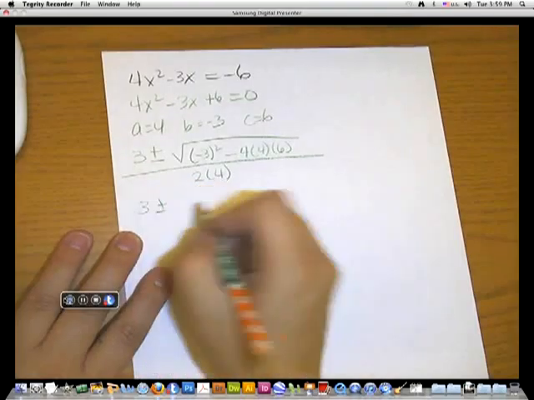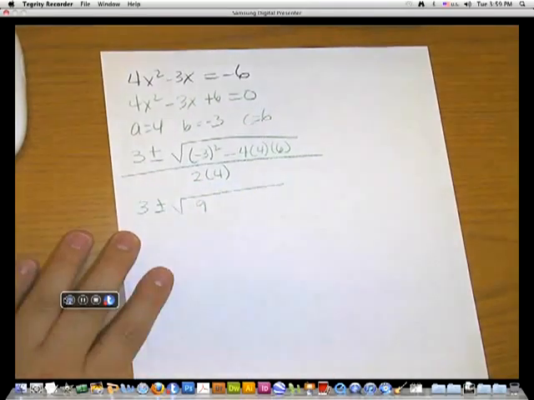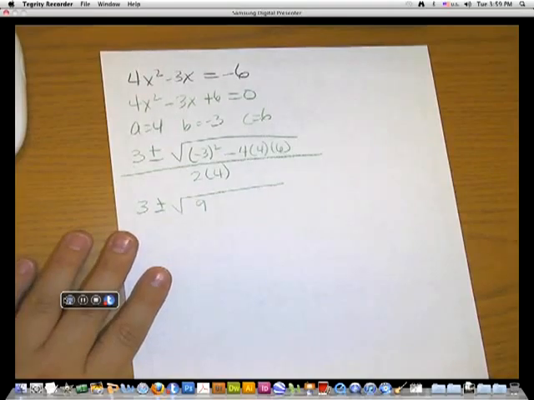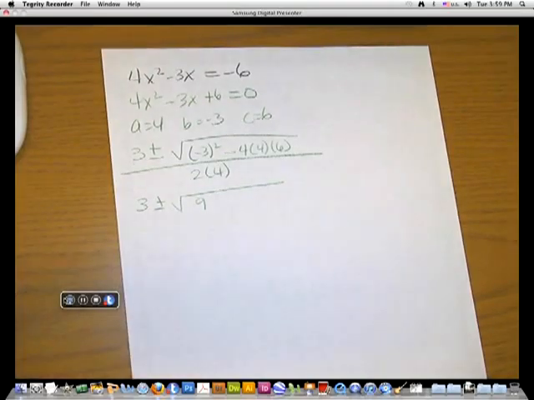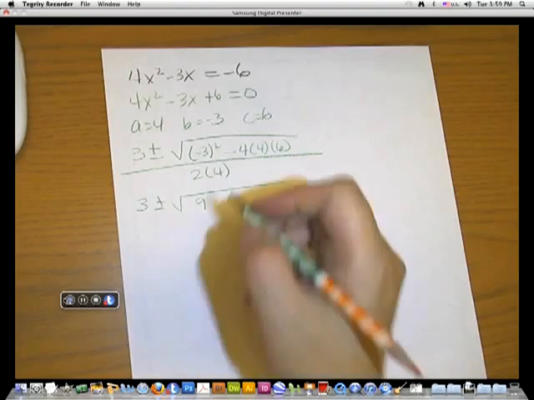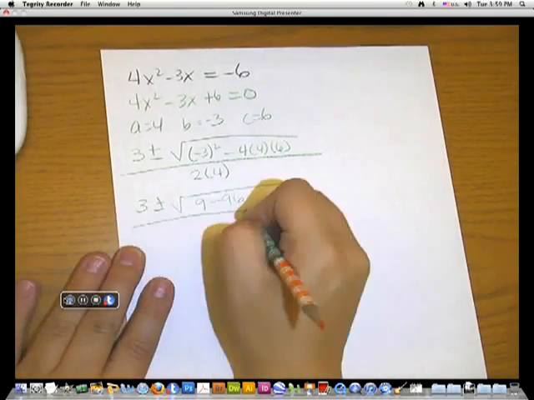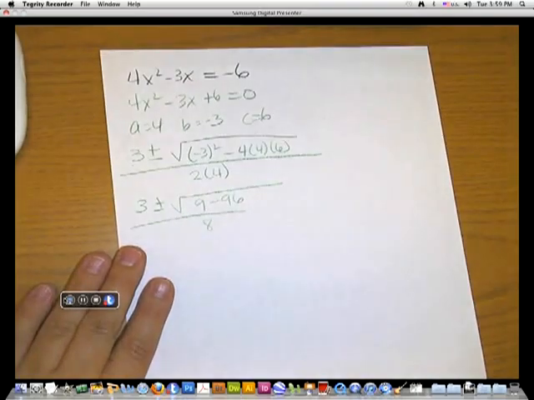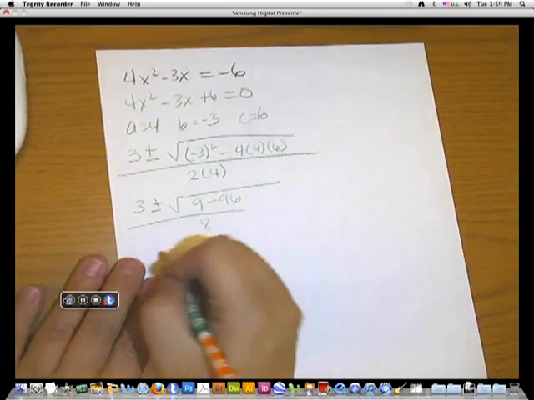So here we're going to get 3 plus minus the square root of 9 minus 4 times 4 is 16 times 6, or 24 times 4, whichever way that you want to go about it, we get 96. 9 minus the 96 is negative 87.